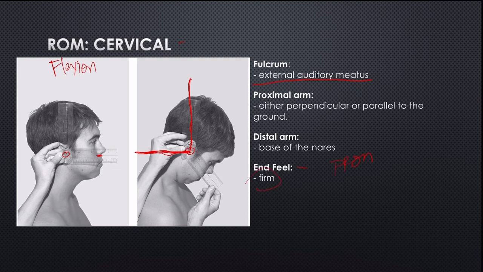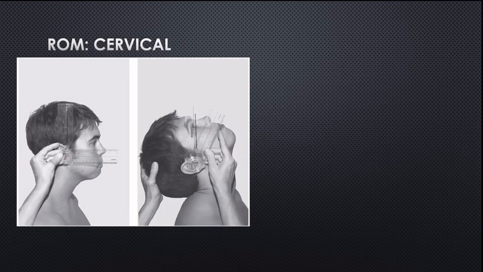Okay, so for the rest of the range of motion, this is how we will be tackling the different motions, or the different measurements of motions of the cervical, lumbar, thoracic regions. Next motion, also from the cervical region, is extension. For extension, you're moving the head backward. The same alignment.